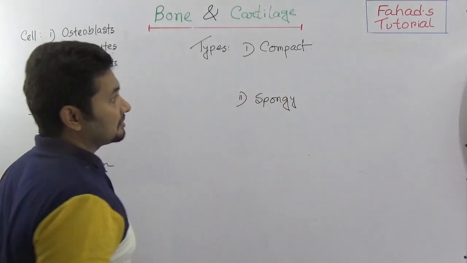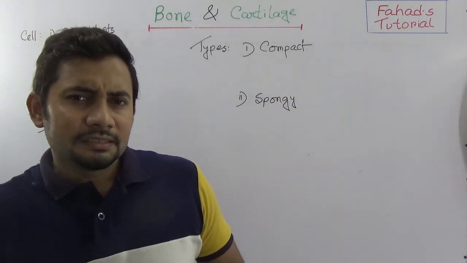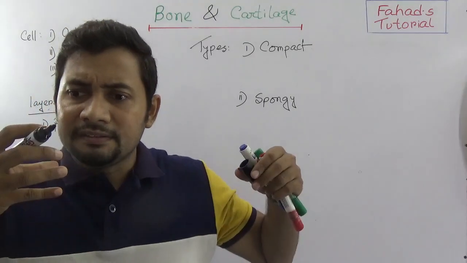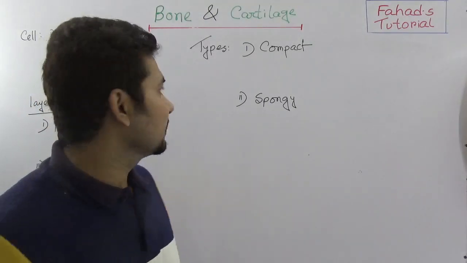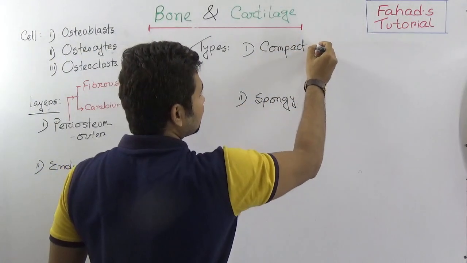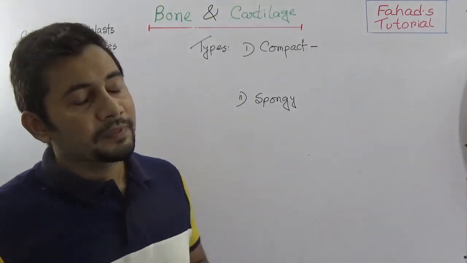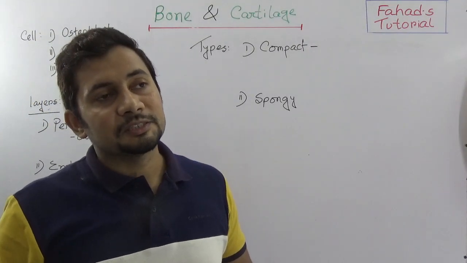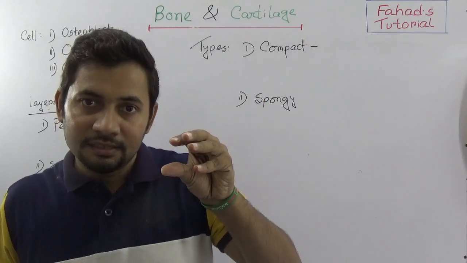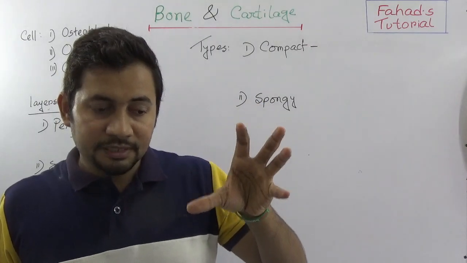Okay, what does it mean? Compact means stronger, it means there is no space in between. So compact means rigid. Compact bone is very strong because the matrix is densely united with the calcium deposition.